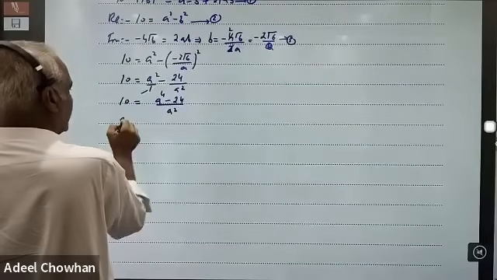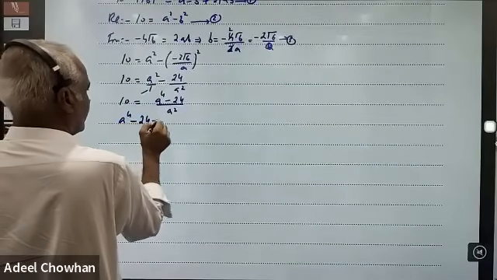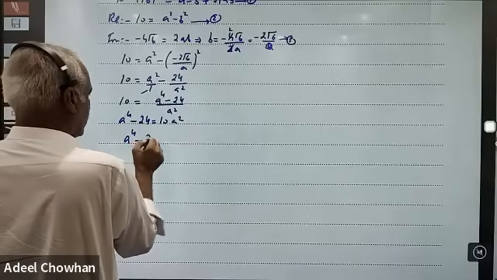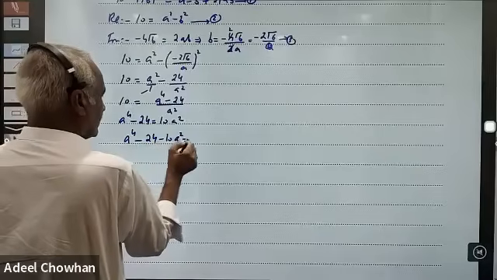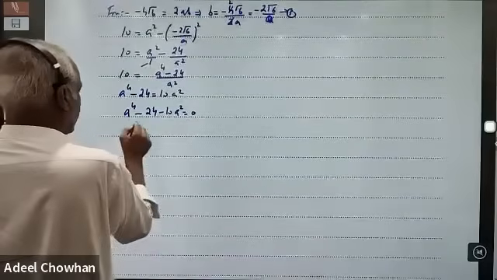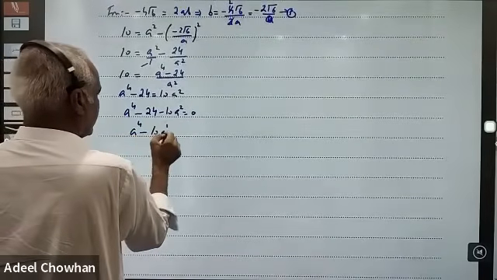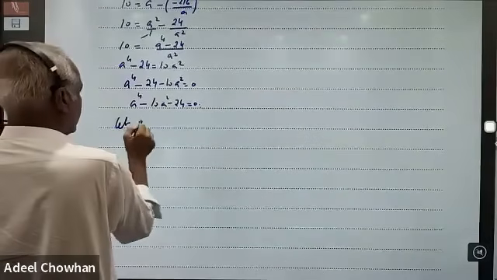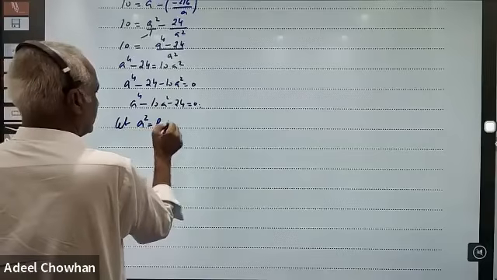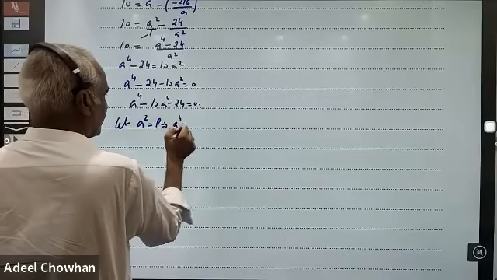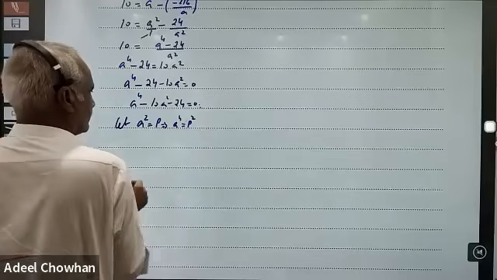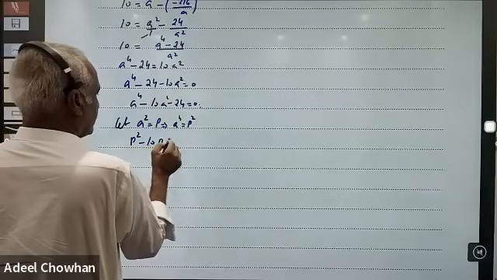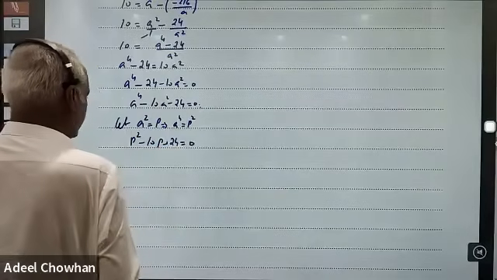This will become a to the 4 minus 24 is equal to 10a square, or a to the 4 minus 10a square minus 24 is equal to 0. Let a square be equal to p, then a to the 4 is equal to p square. So this will become p square minus 10p minus 24 is equal to 0.